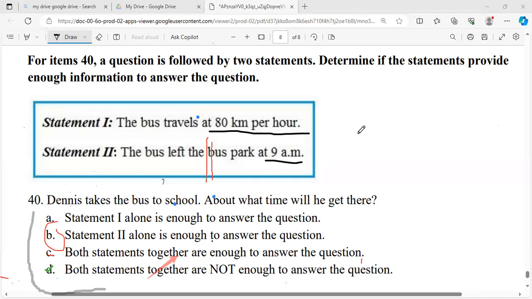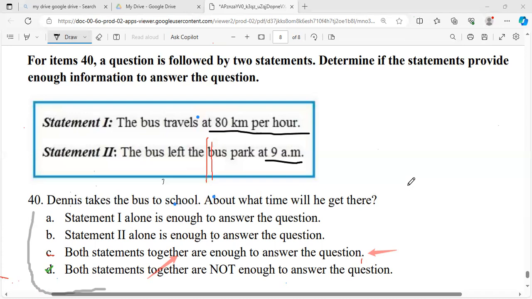All right, Kayla, you have your hand up here. Sir, my answer is D because... Guys, Kayla is talking, guys, one at a time. Kayla, go ahead. Sir, the answer is D because they need what time he needs to reach the school before it can work out.